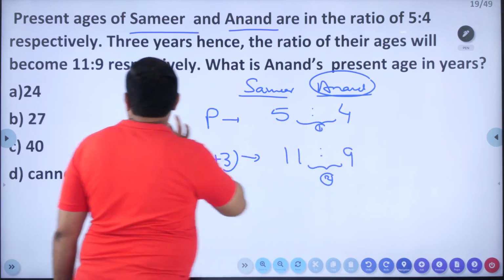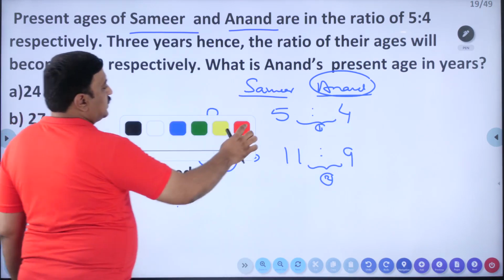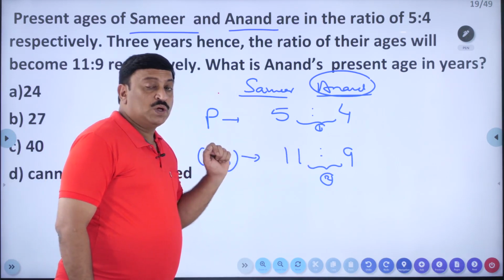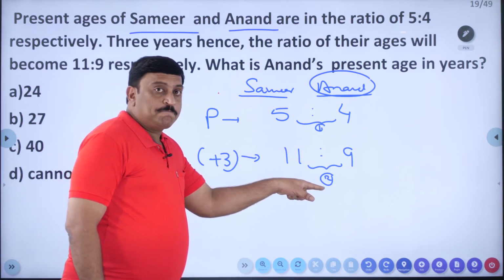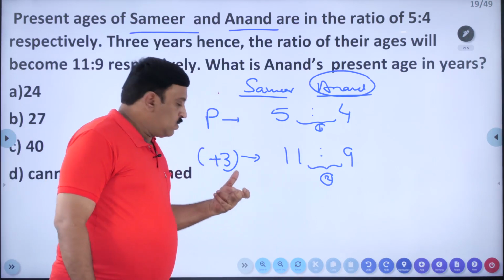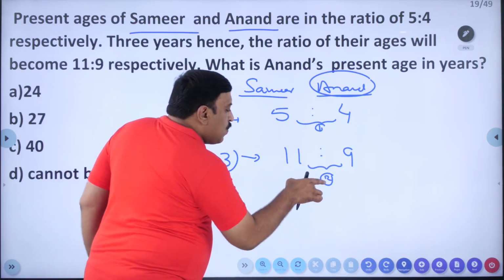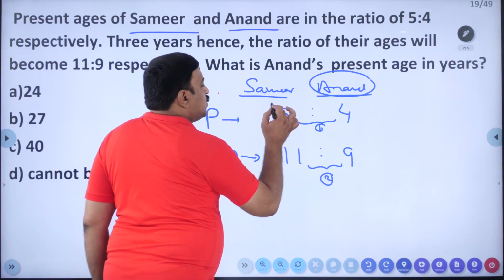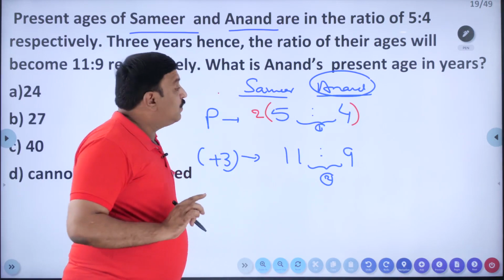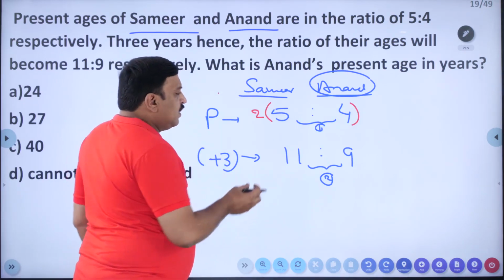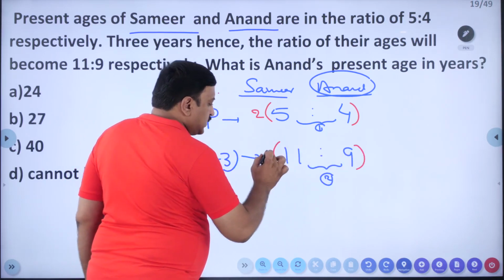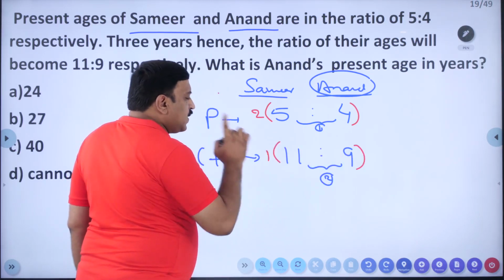Since they are not equal, what we have to do is multiply this 2 with the first ratio to make a balance. The other one stays with 1, no need to multiply.